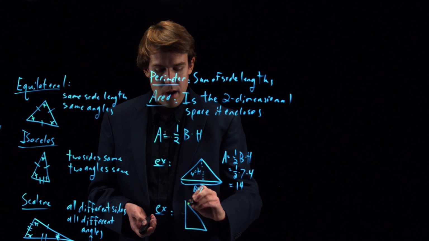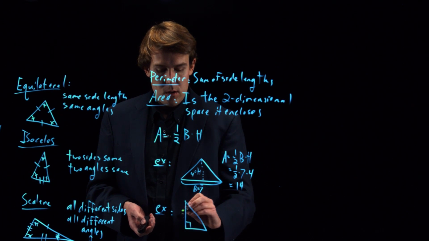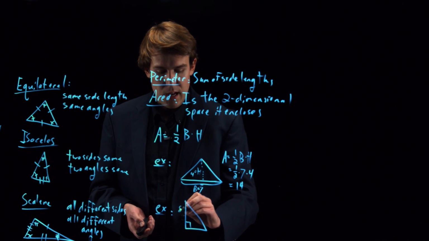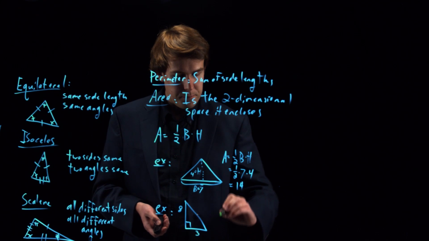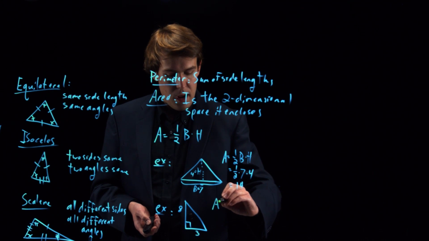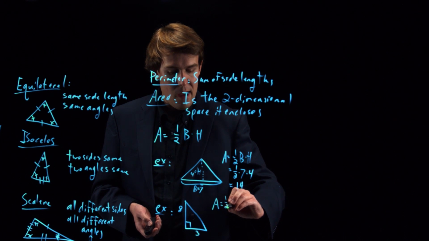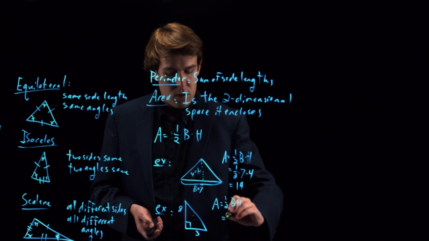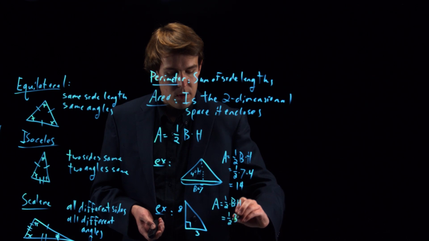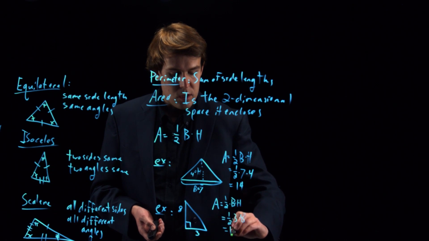We'll look at a right triangle. So here, let's say that the height is 8 and the base is 3. Then the area is equal to 1/2 times base times height. So 1/2 times 3 times 8, which is 12.